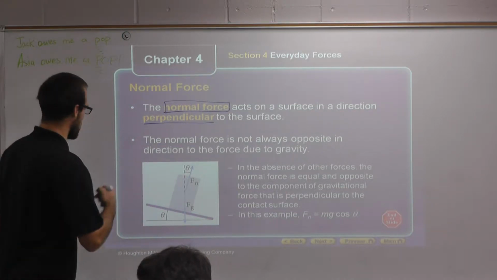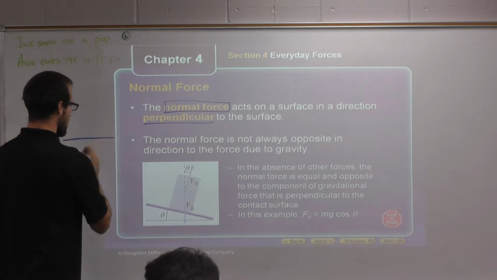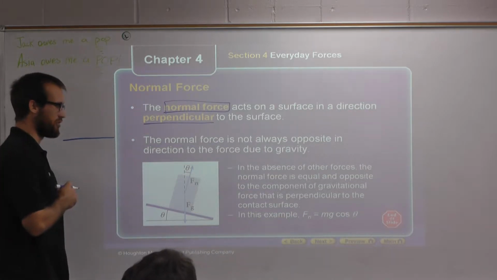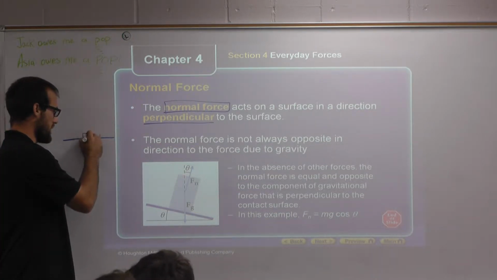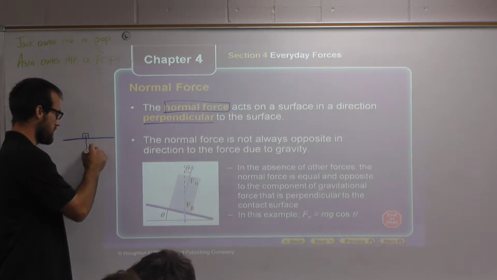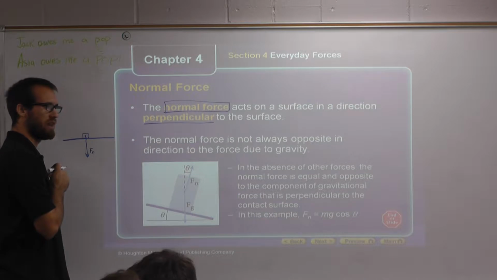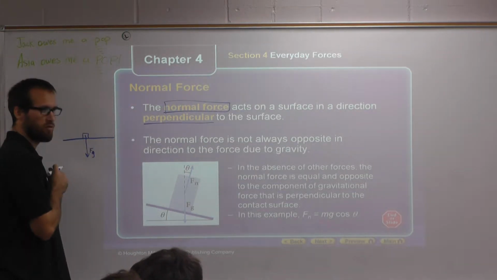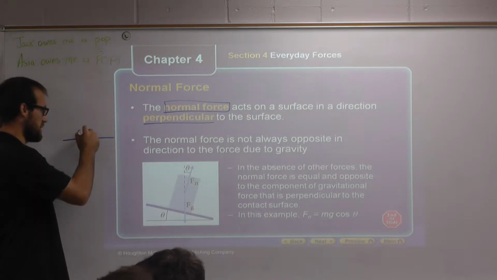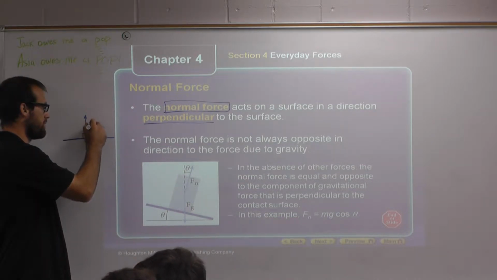I want to just show you. If you're not accelerating vertically, let's say I have a box on the ground. We know gravity pulls straight down. If this box is not moving up or down, what must be true about the normal force? It's got to be equal and opposite.